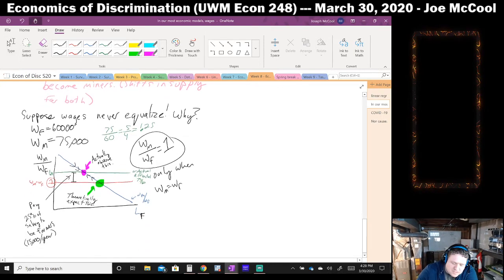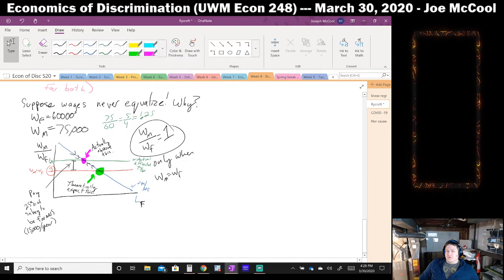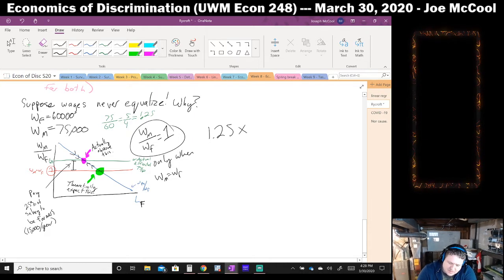Now, suppose that these wages never equalize, right? Why might this happen in a community where there's no discrimination? We would see, in this case, that the miner wage is 1.25 times the farmer wage.